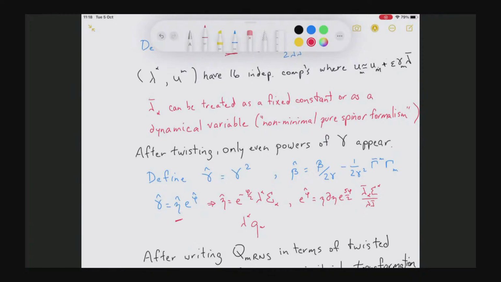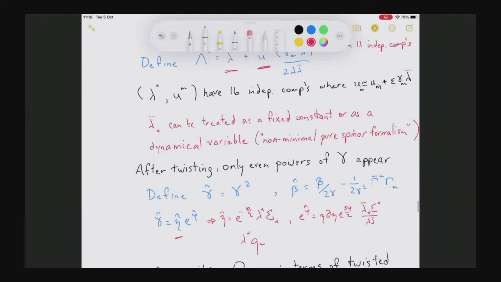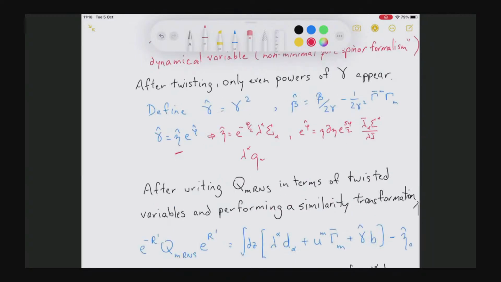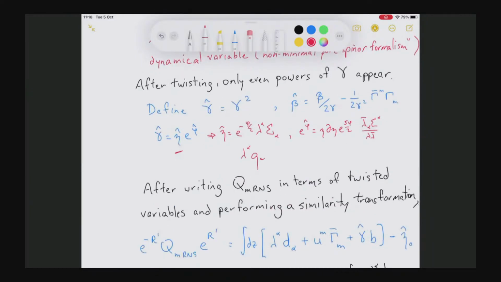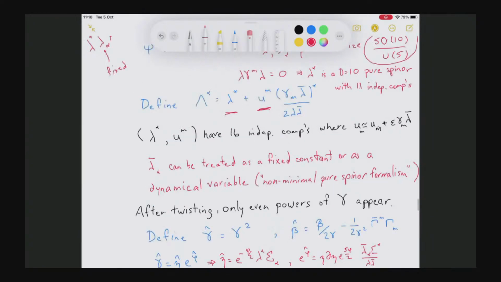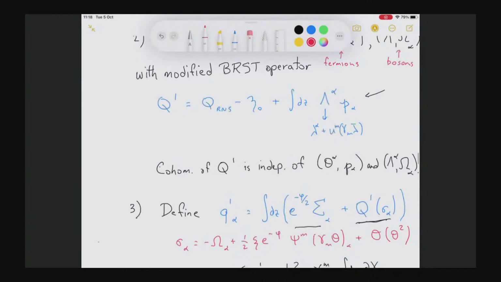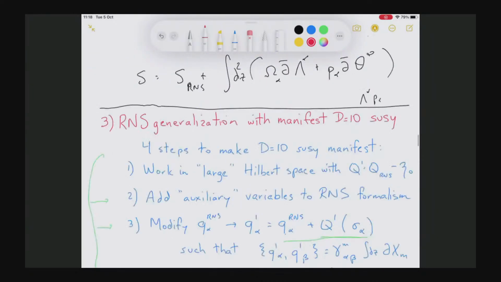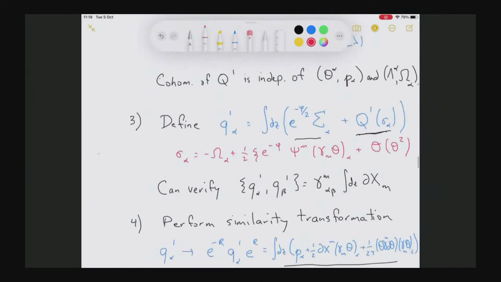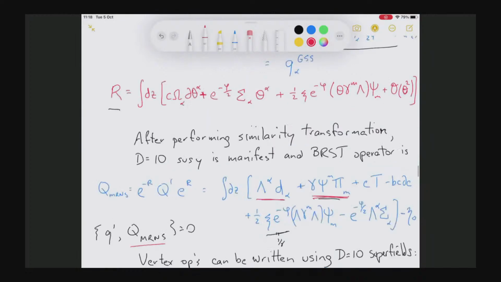And now the final step is to just write the RNS BRST operator in terms of these twisted variables. That's going to be related to the pure spinor BRST operator, at least after performing a similarity transformation. So what you have to do is take the BRST operator, so here's the BRST operator.